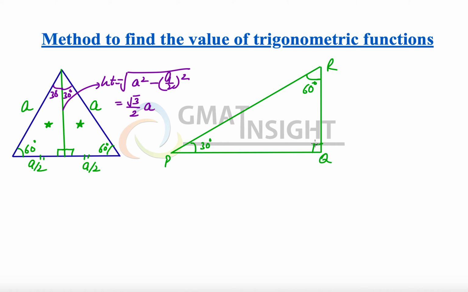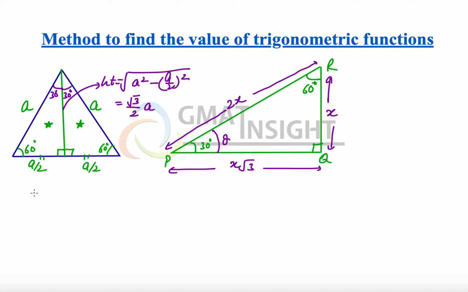Now that we have all these things available, we can also find the trigonometrical functions and their values. For example, let's consider this particular angle as theta. Then sine theta is equal to perpendicular over hypotenuse, or opposite over hypotenuse.